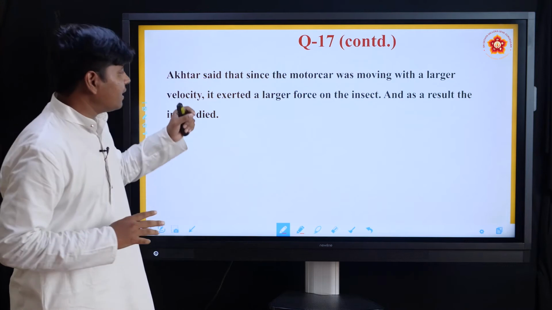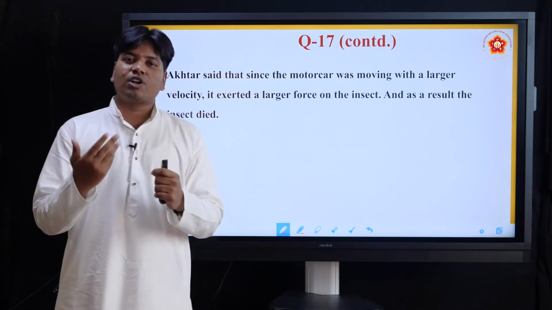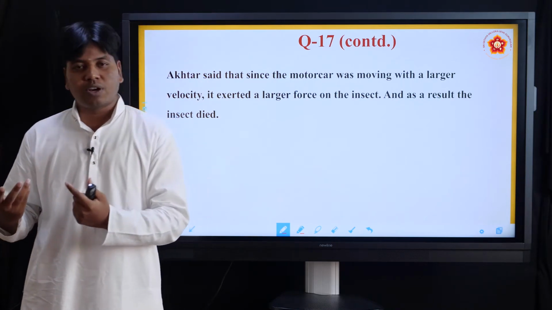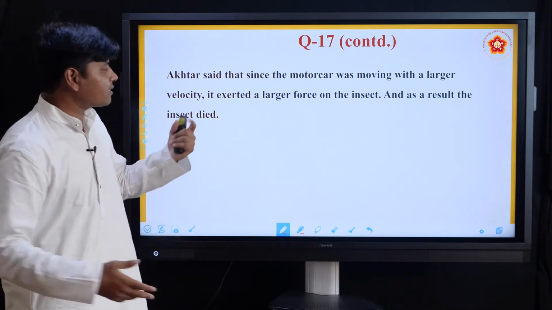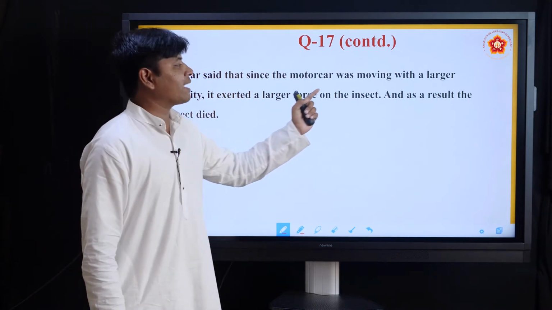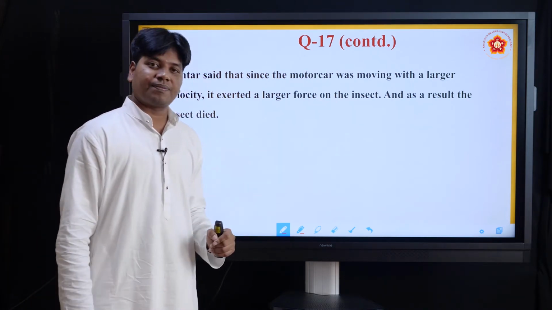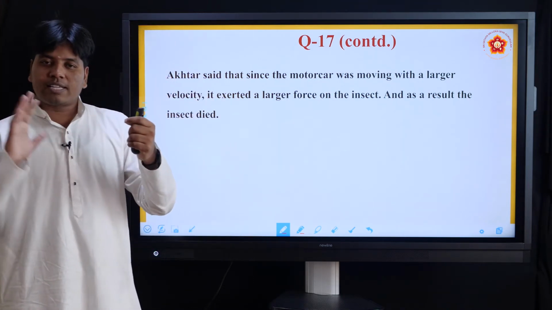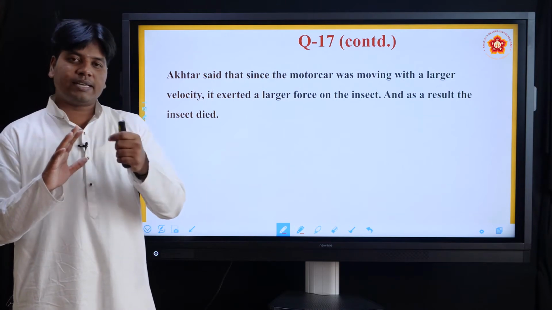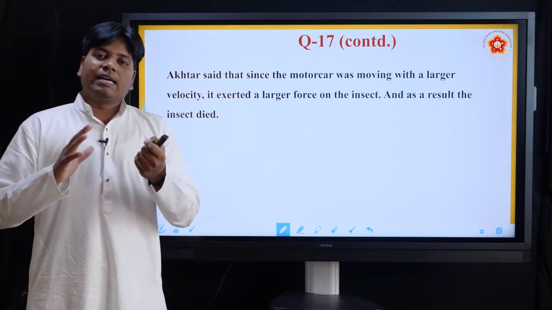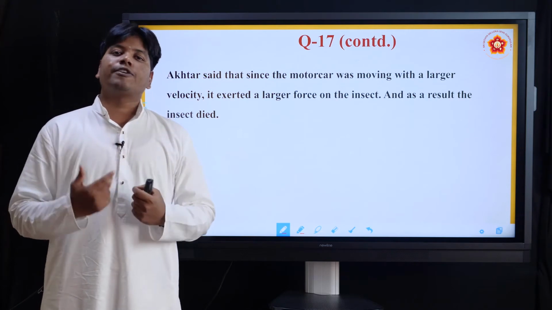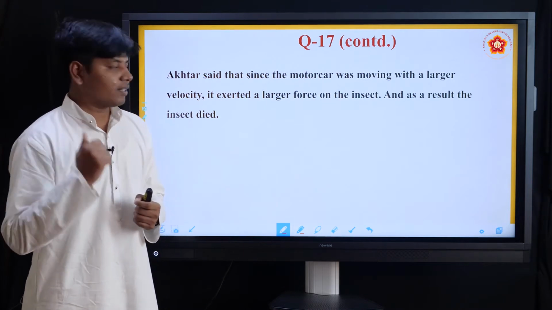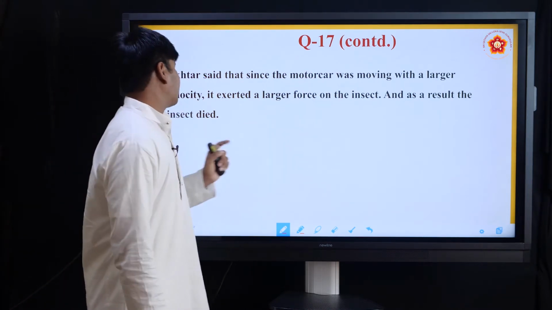Also the motor car has a huge mass, so he is suggesting that a larger force is acting on the insect. The insect, which is of small size, experiences a larger force due to the motor car. And as a result, the insect died.